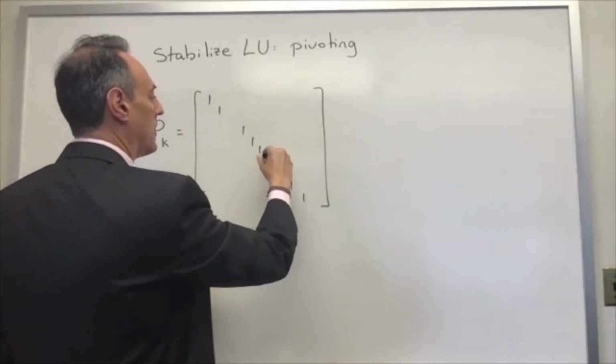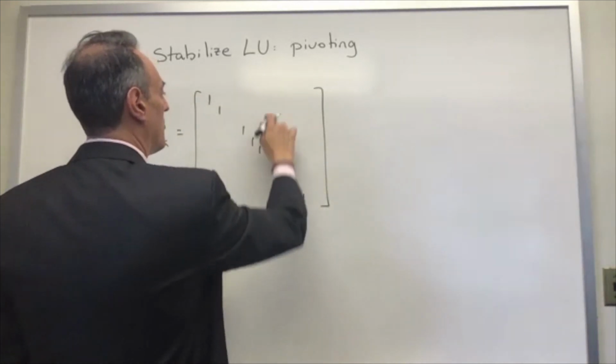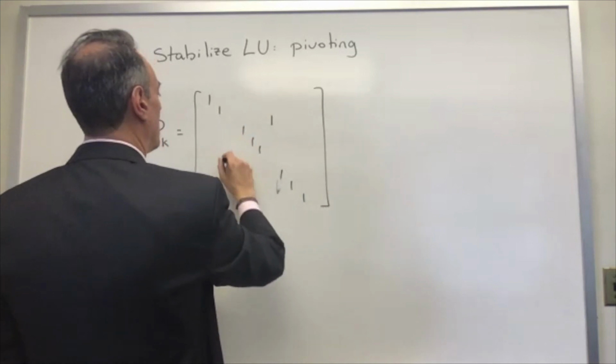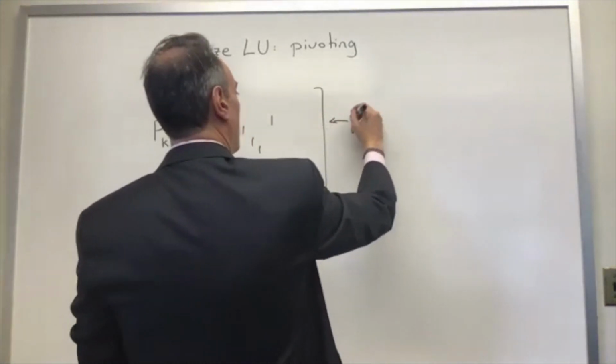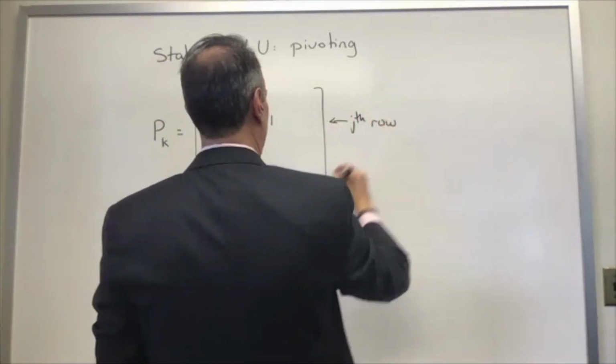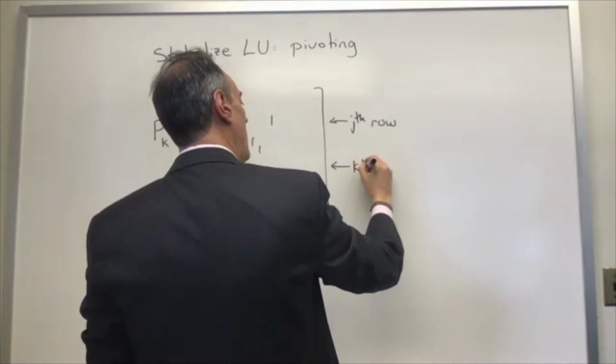So normally there'd be a 1 here. This row moves up to here, and the one that's here moves down to there. So this here is the jth row. This here is the kth row.